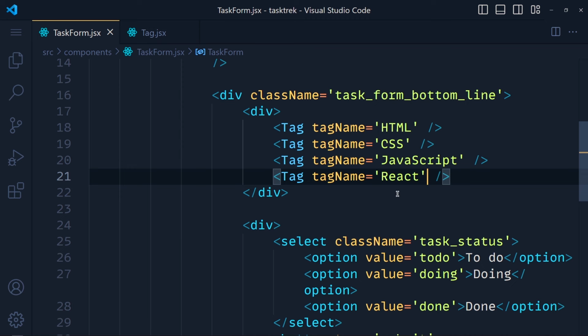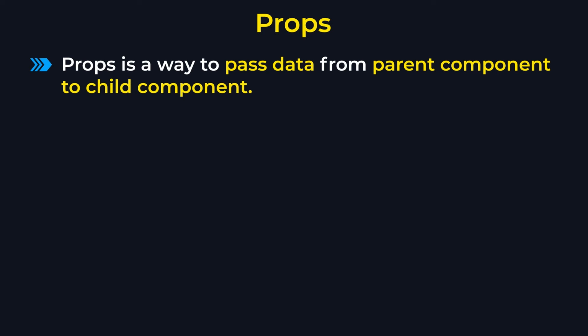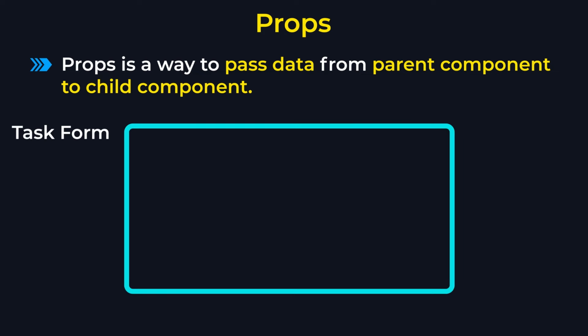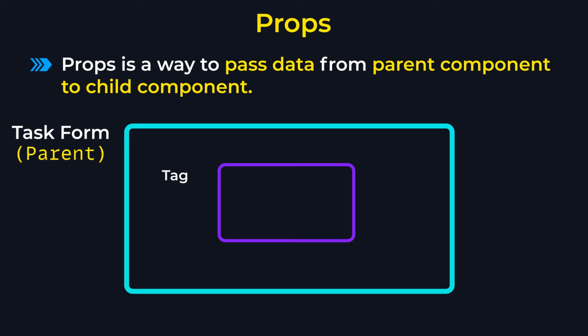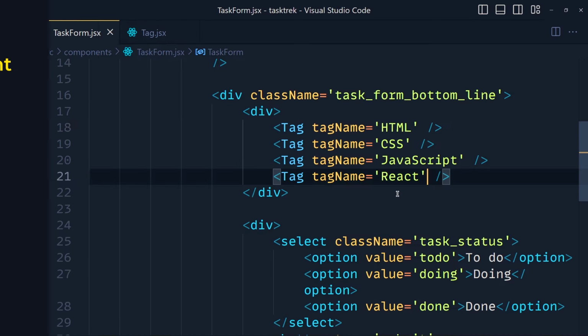So let's quickly recap all about props. So props is a way to pass data from parent component to a child component. In our case, task form is our parent component and tag, which is inside this parent component, we call it as child component. And we want to pass data from task form component to tag component.